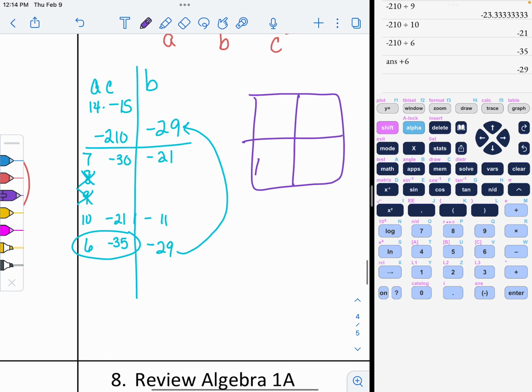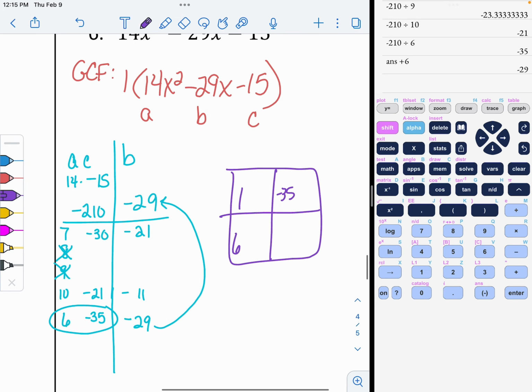So it's 6 and negative 35. Let's see what was up here. 14x squared and negative 15. These need half those variables, so x and x. All right, GCF here, 2 and x. GCF here, a 5 with a negative from the top.